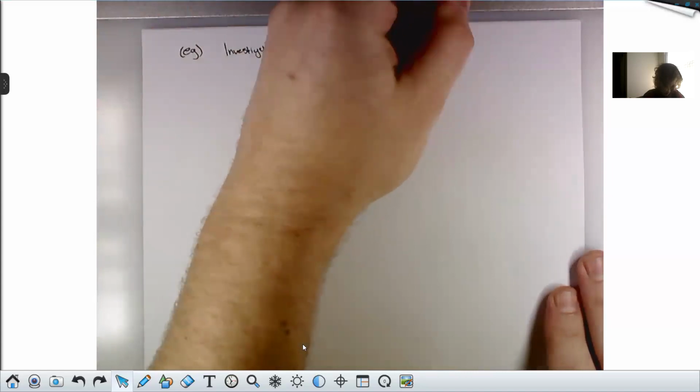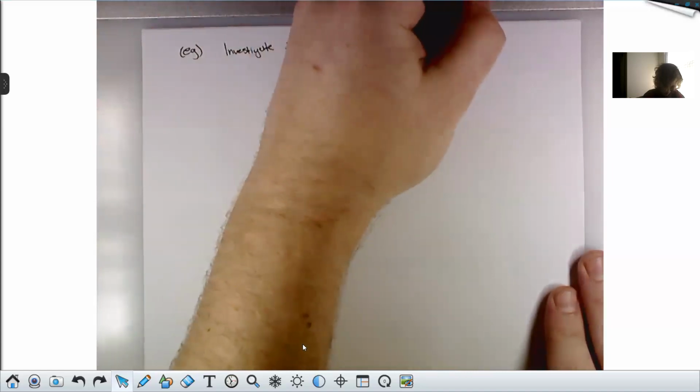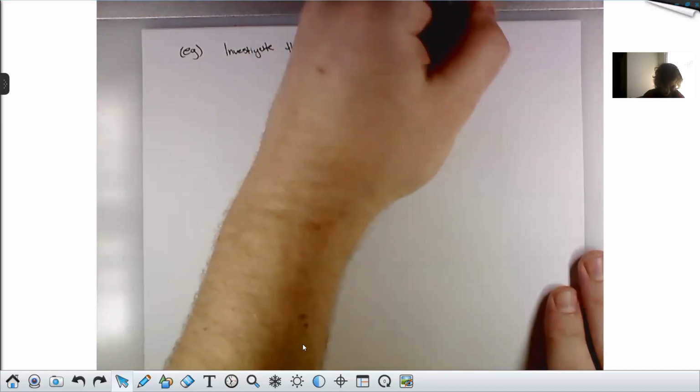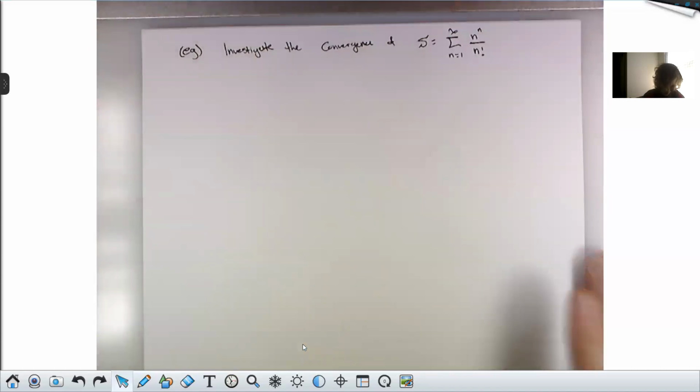Start it out at 1, and we will do n to the n over n factorial.